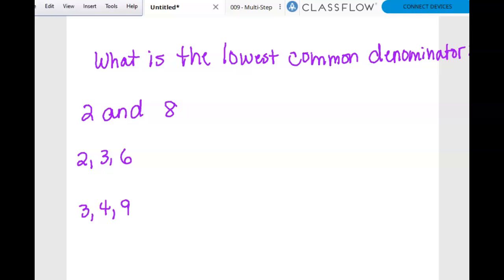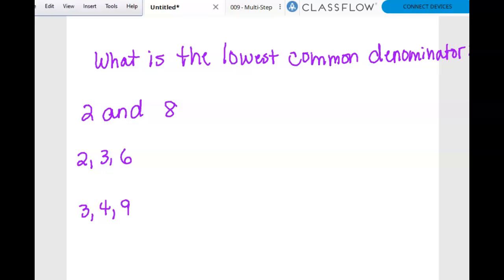What does it mean to be a lowest common denominator? The lowest number that you can divide by. The lowest number you can divide it by, divide what by? Okay. I think you guys are saying the right thing, but let's make sure.